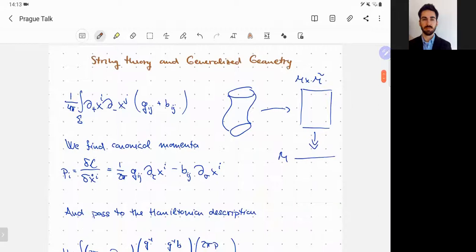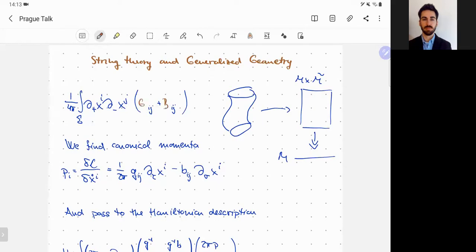Let me just spell out some details in the most well-studied example, and that is string theory and how it's intimately related to generalized geometry. So the string model, as I said, naturally couples to G and B. I called them capital G and capital B before.